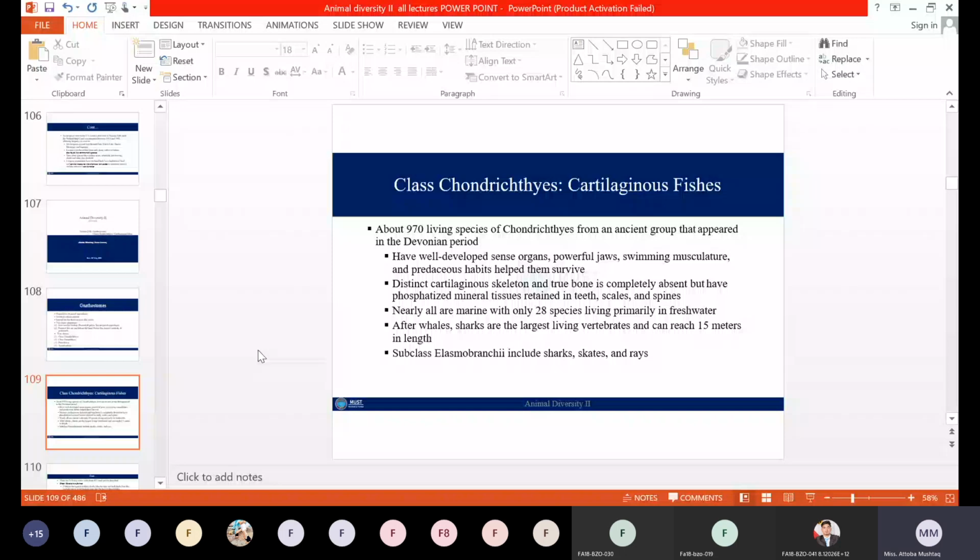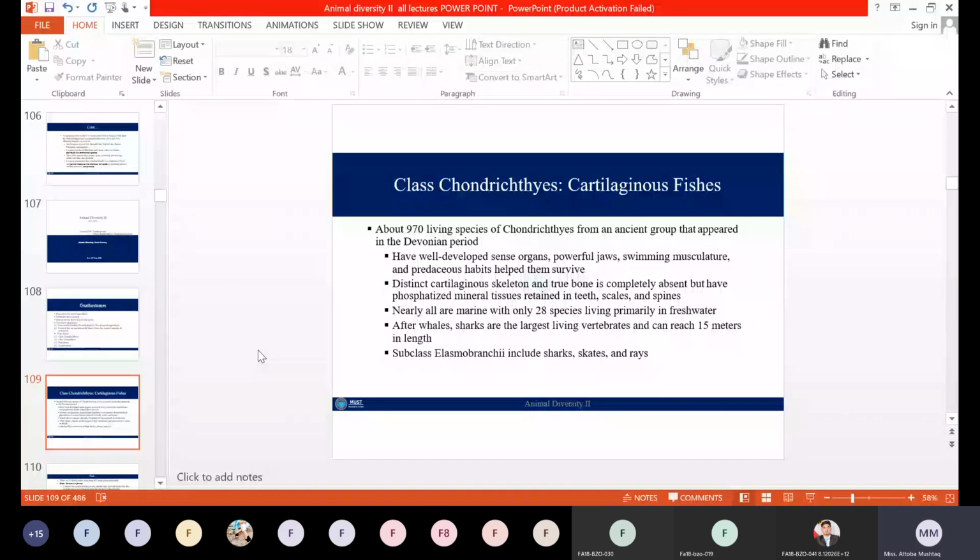They have well-developed sense organs, powerful jaws, and swimming musculature. They have a predaceous habit that helps them to survive.